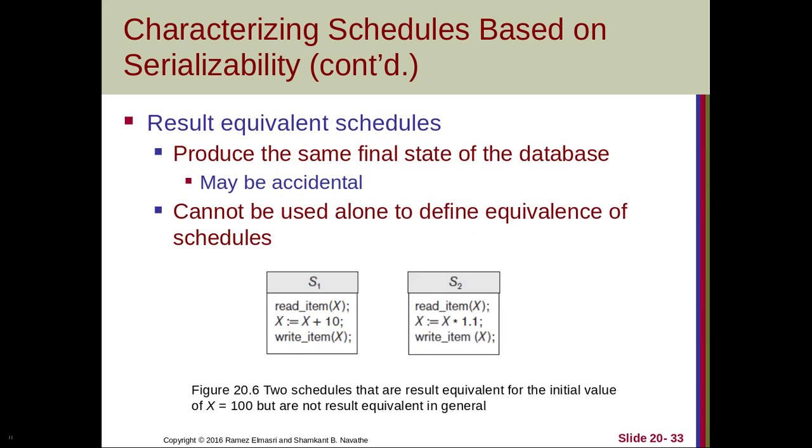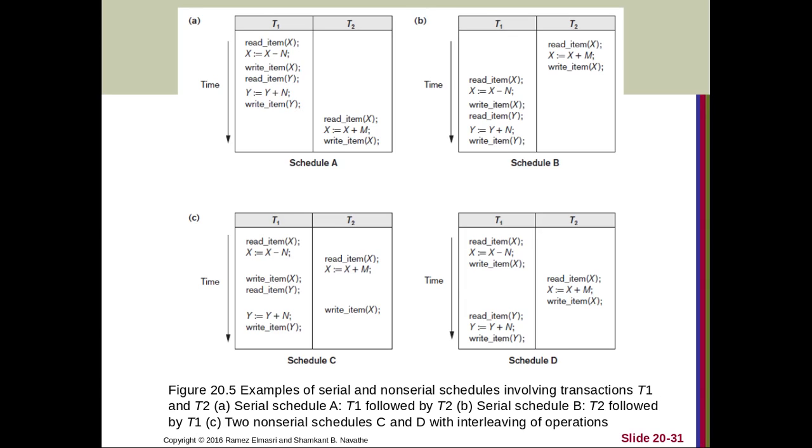But the last one, D: in T1 you have read item X and in T2 you have write item X. Then there is an arrow from T1 to T2. In T1 you have write item X and in T2 you have write item X, then again T1 to T2.